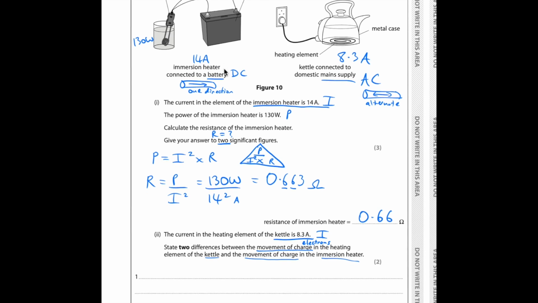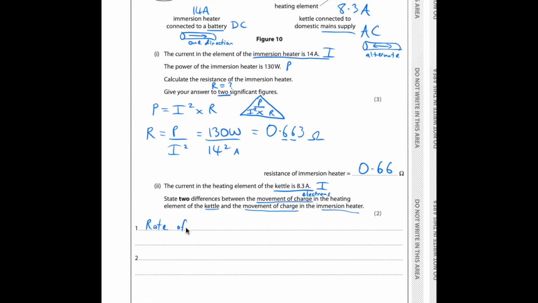So how do we write that? The rate of flow of charge, or the movement of charge in the kettle, is less than the rate of flow in the immersion heater. The reason I added movement of charge there is because I try to use the same words that they do. And the direction of the flow of charge in the kettle keeps changing.